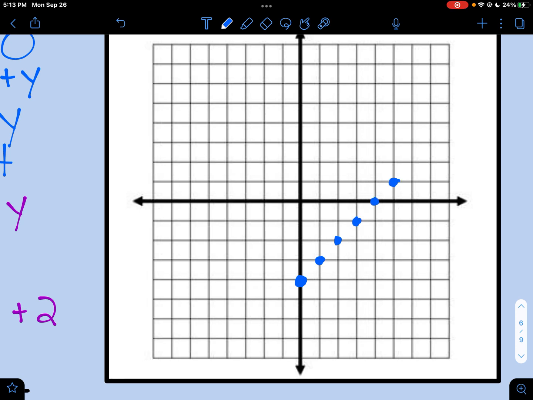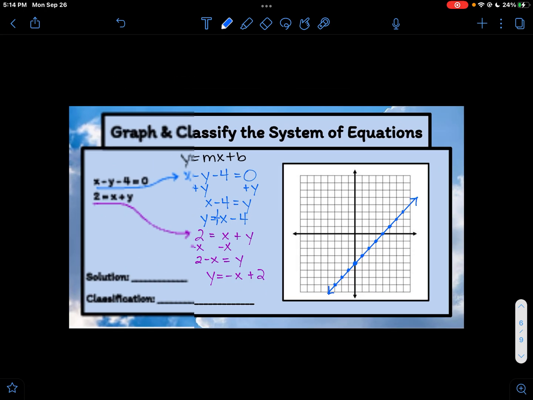You don't need to make this many points. And I want to draw a straight line. Perfect. Okay, so there's the blue line.